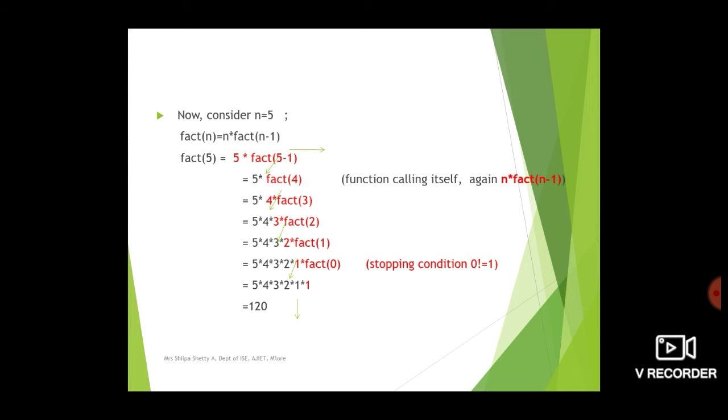Factorial of 1 is 1 into factorial of 0, and we know that factorial of 0 is 1. So ultimately we get the answer as 5 into 4 into 3 into 2 into 1, which is nothing but 120. So this is an example for recursion.